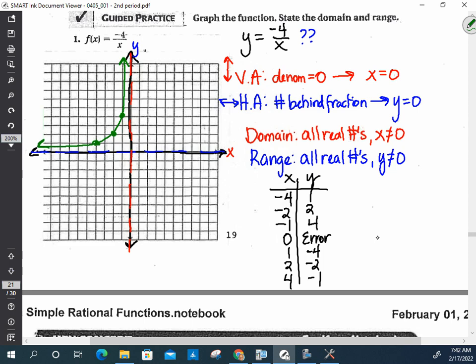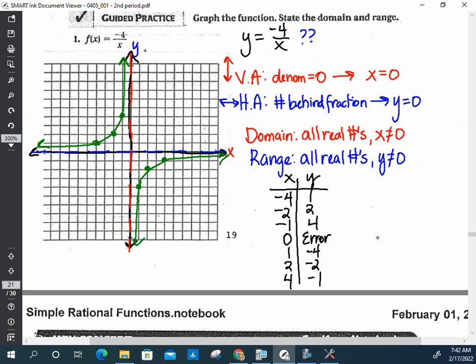There's your curve. -1, 1, 2, 3, 4. 2, -2. 1, 2, 3, 4. -1. And that's it. That's your graph.